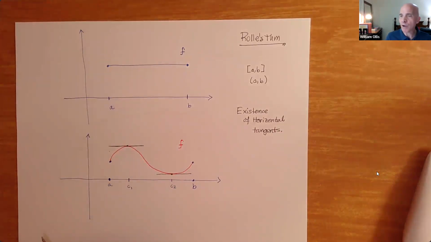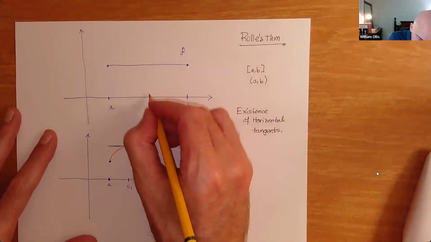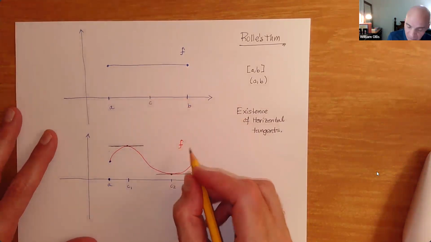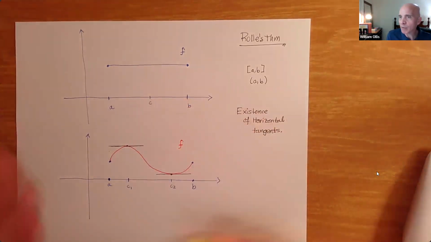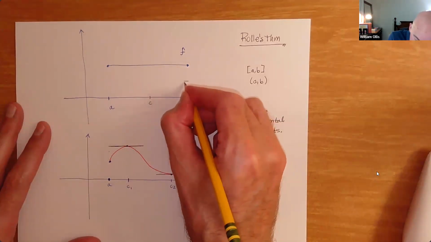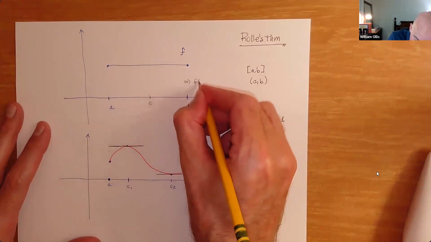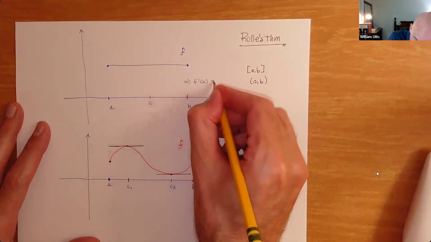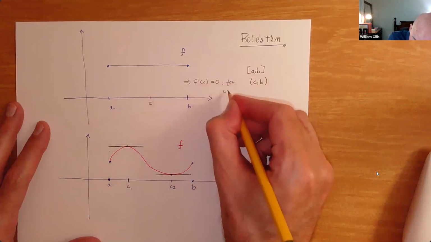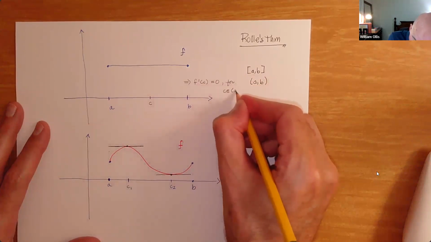So constant functions give us a very, very easy way to get the conclusion of Rolle's theorem. For instance, you could take a c anywhere in the open interval. So there are an uncountably infinite number. We would always get f prime of c equals 0 for c in the open interval.